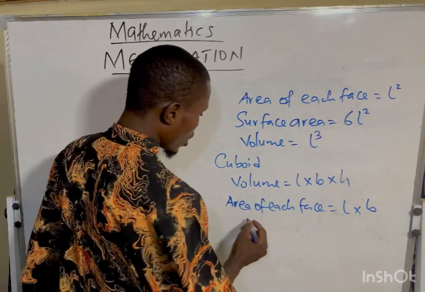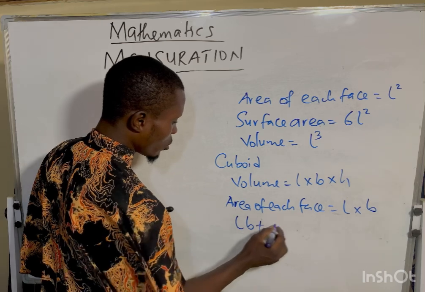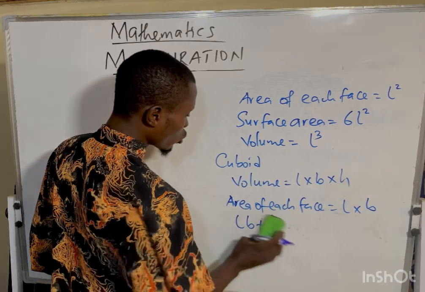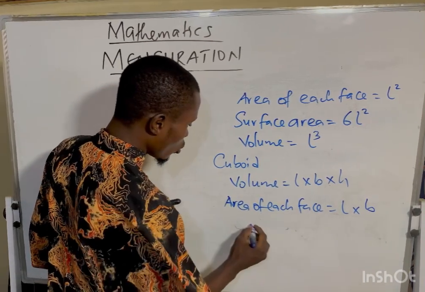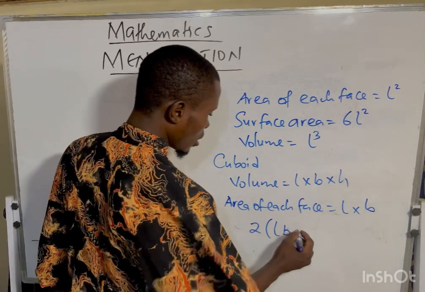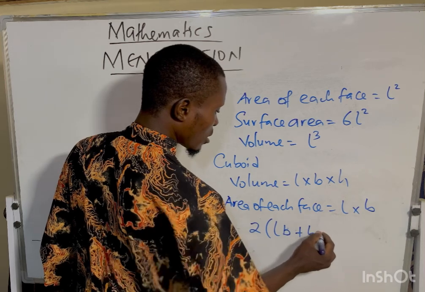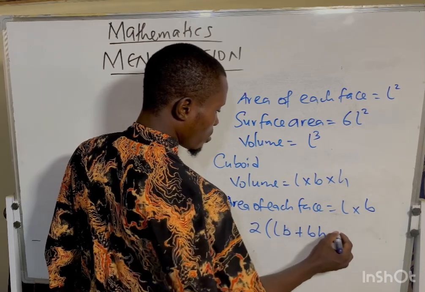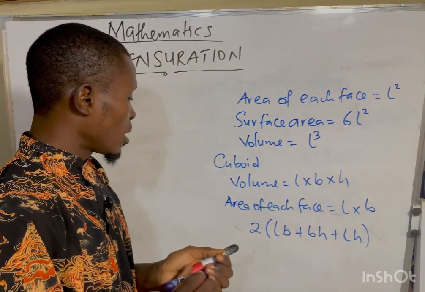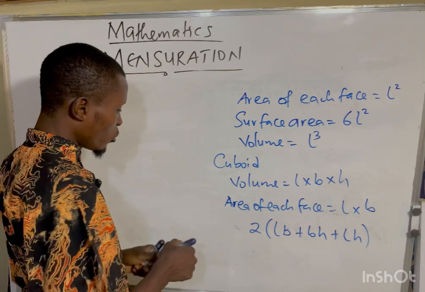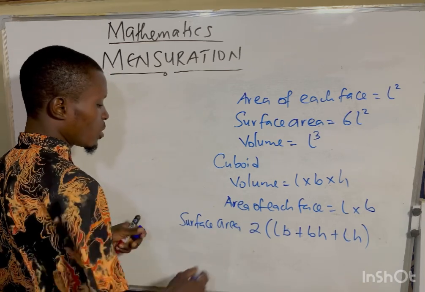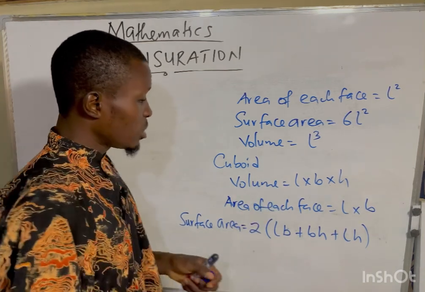So you have length times breadth plus length times breadth, and if we continue this way, we end up with 2 into length times breadth, plus breadth times height, plus length times height. This will end up with the surface area of the cuboid. And then the volume of a cuboid is length times breadth times height.